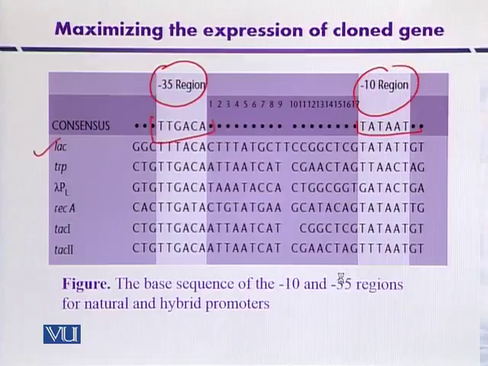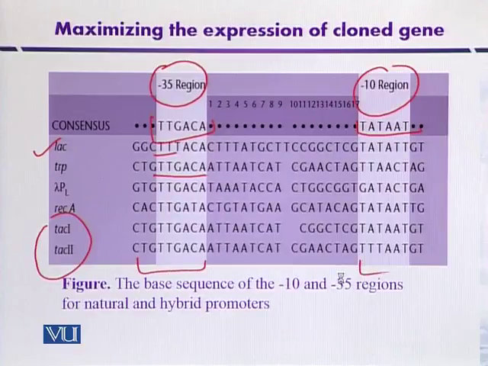And here the lac promoter does not have 100% homology with the consensus sequence. On the other hand, the trp promoter has more homology. The last two promoters, tac1 and tac2, are stronger because of high similarity with the -35 and -10 regions.